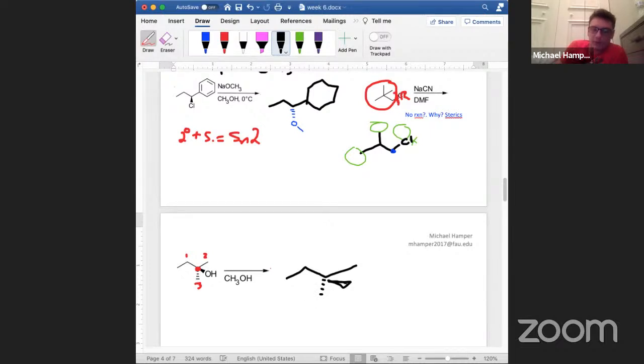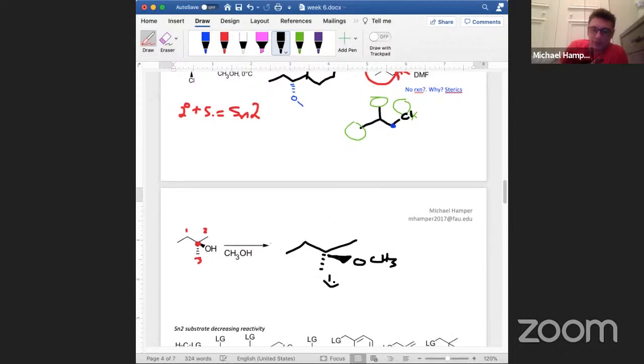But the nucleophile is replacing that OH and is a wedge, and your methyl is still a dash. But because it's SN1, you get both conformations.